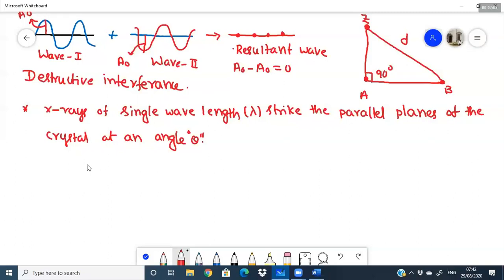Some X-rays are reflected from the first plane, some of them from the second plane, some of them are reflected from the third plane. Like that, it is an integral multiple of wavelength.